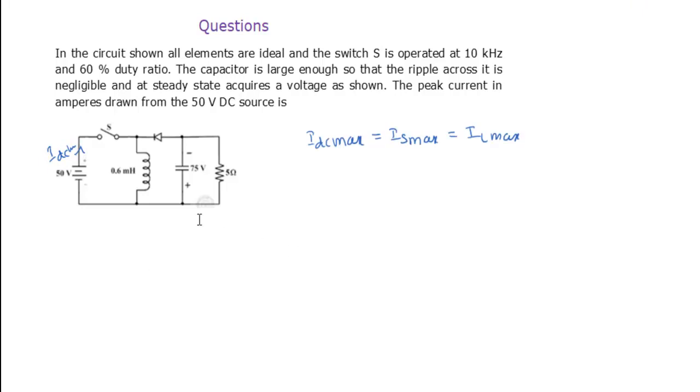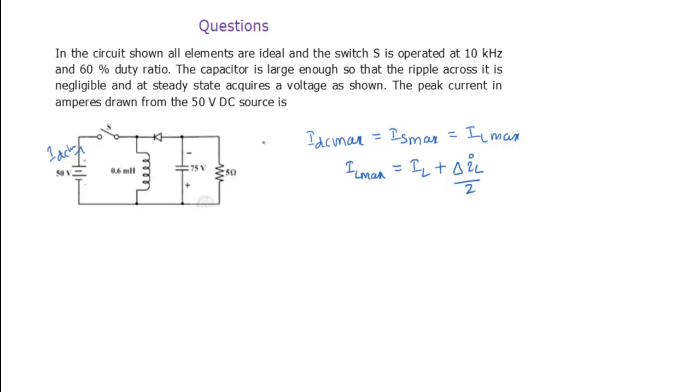We already discussed in the previous question ID max equals IS max equals IL max. In all the SMPS circuits we discussed, IL max is nothing but IL plus delta IL by 2.